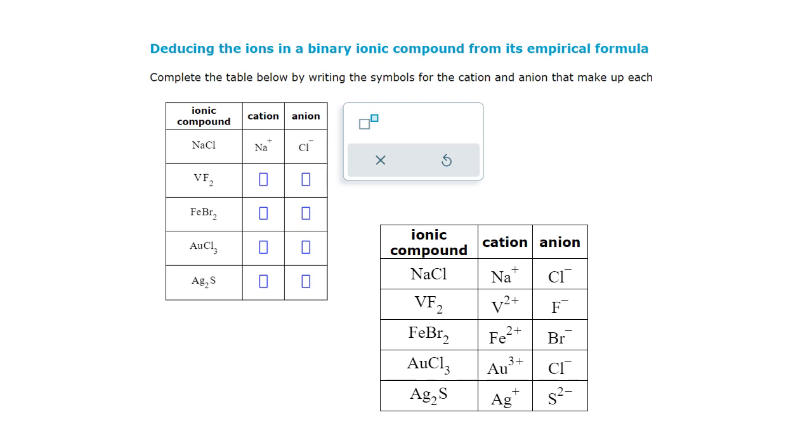So here's just another example. Let's see if there are any tough ones in here. Really, sulfur is a 2-. So all these anion charges we're going to know. When you get these, you have to determine the cation charge based on the anion charge, because all these are in that transition metal area.